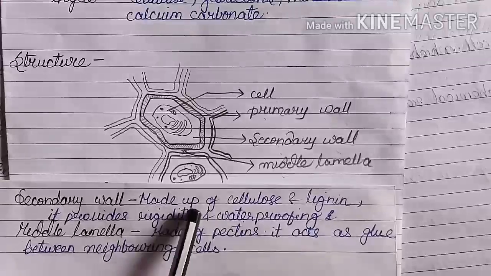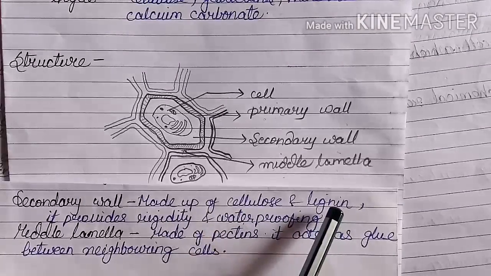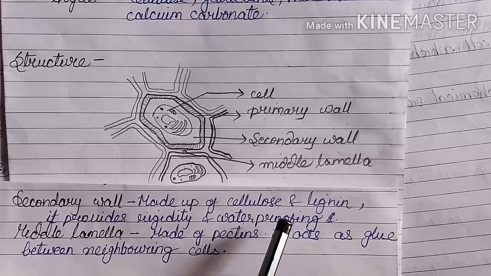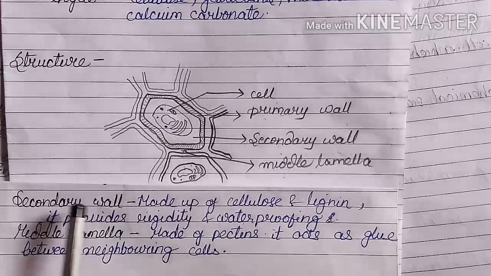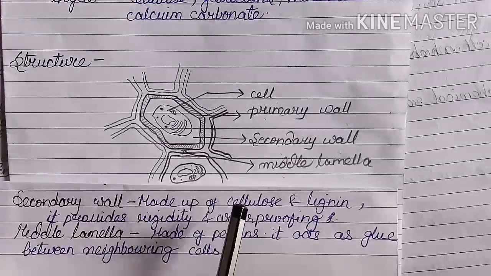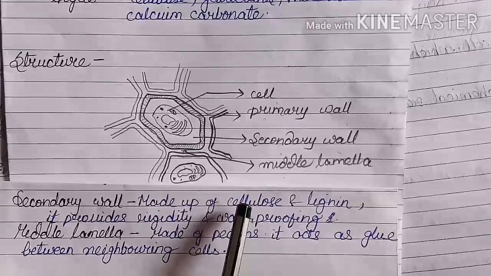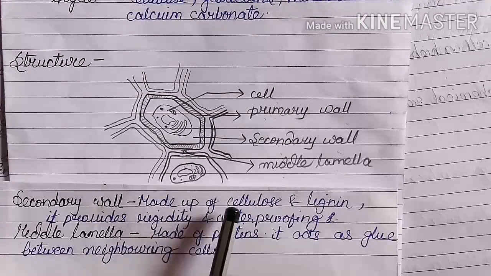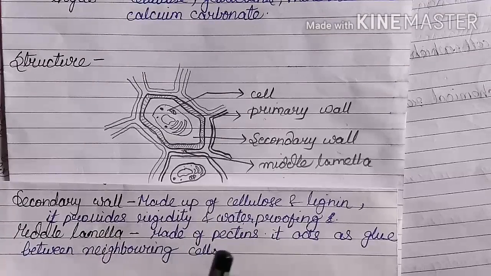Secondary wall is made up of cellulose and lignin, and it provides rigidity and waterproofing to the cell. Cellulose means it provides rigidity. I have told earlier, if there is cellulose, there will be rigidity related to it.